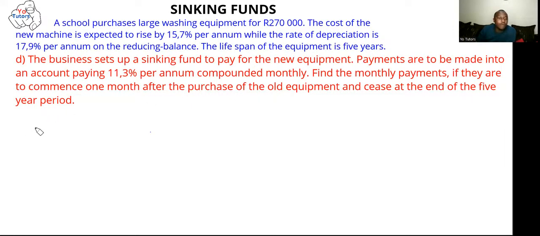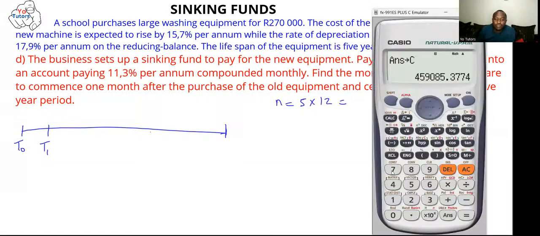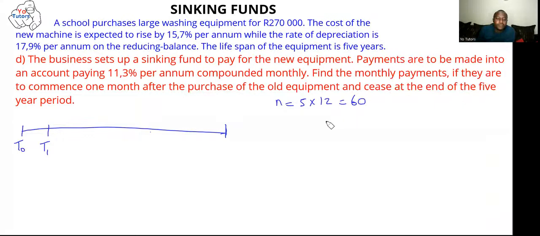Now, what do we know now? We are looking for X. So in this case here, we are dealing with future value. Since it's compounded monthly, it means that n is going to be 5 times 12, which is 60.